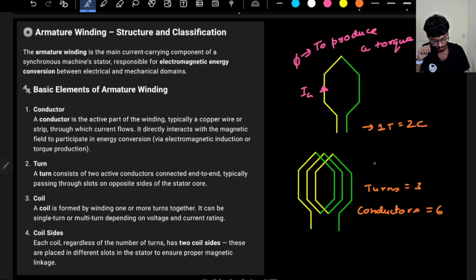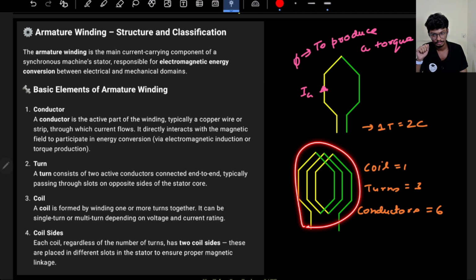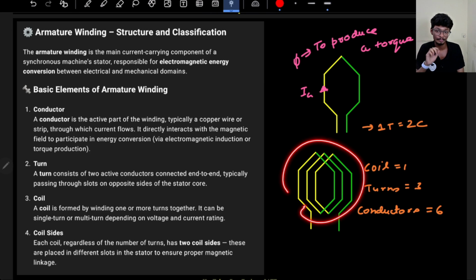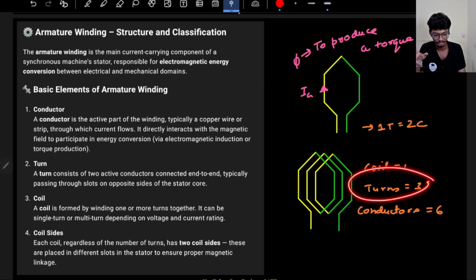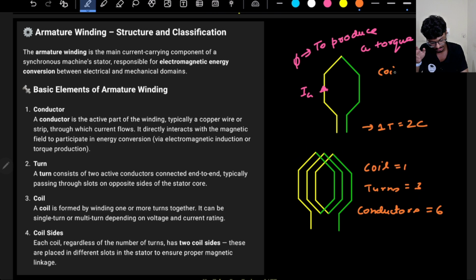And how many coils do I have? I have only a single coil. Both of them are single coils, but this coil is multi-turn, so it has multiple turns. Here also I have a single coil. The number of turns is 1. It is a single turn coil.